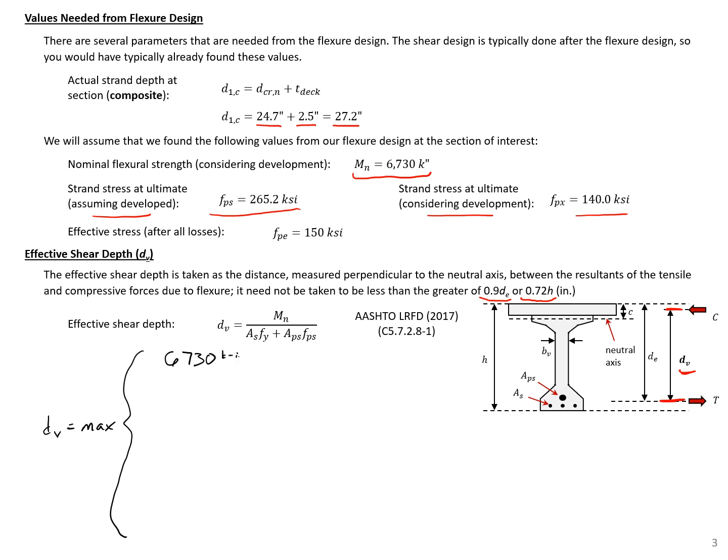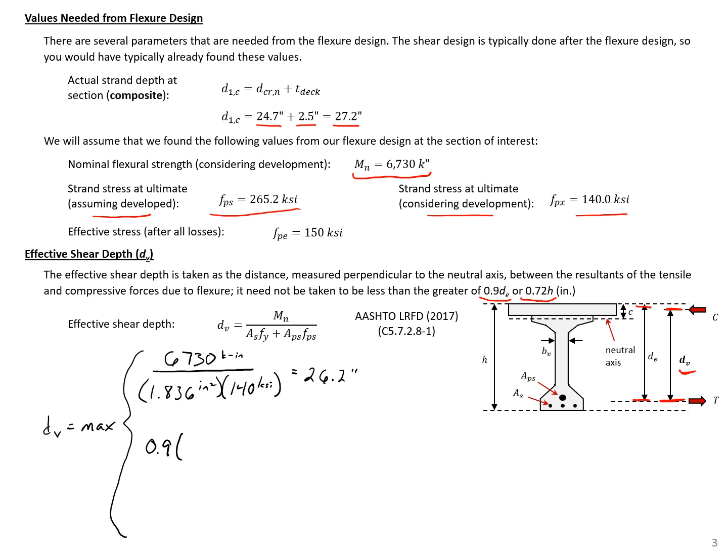6,730 kip-inches divided by 1.836 inches squared times 140 KSI, which will give us 26.2 inches. Then 0.9 times de, which for us, our de is the distance from the top to the centroid of all of our strands, or all of our tension reinforcement.